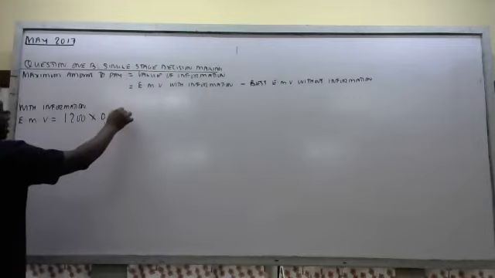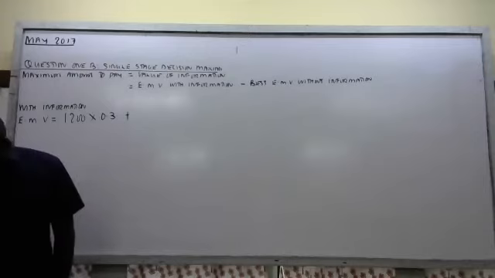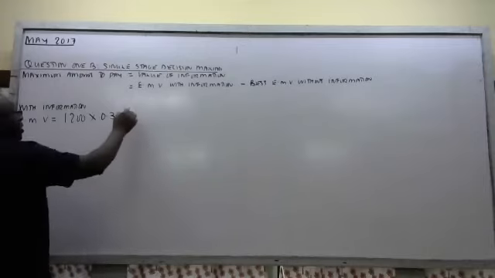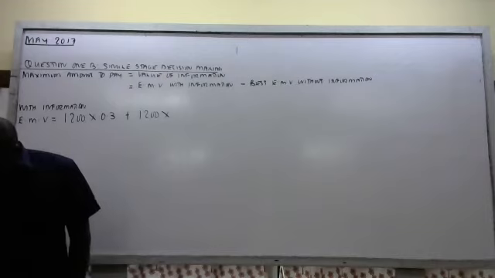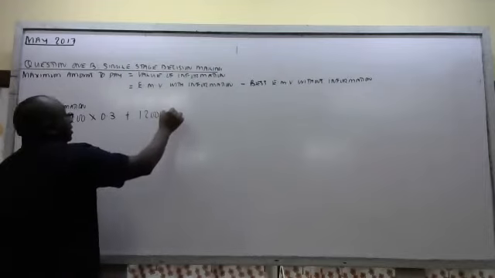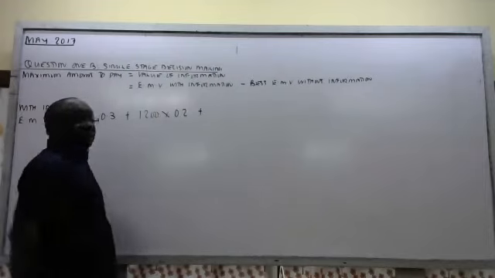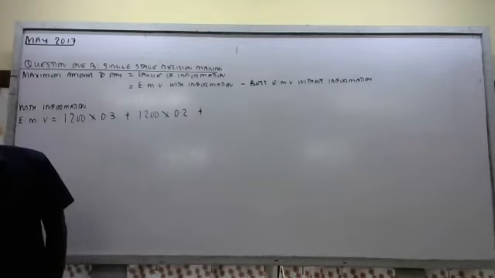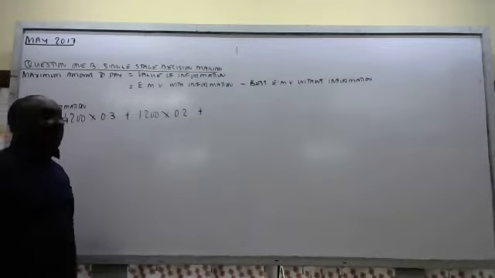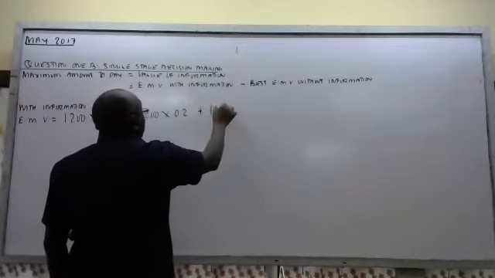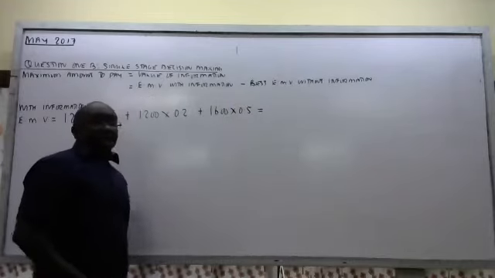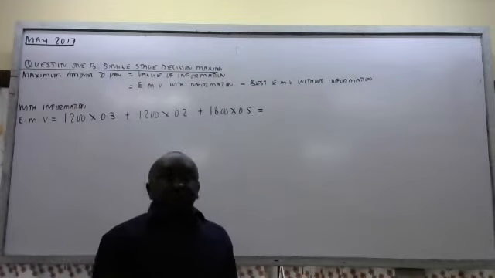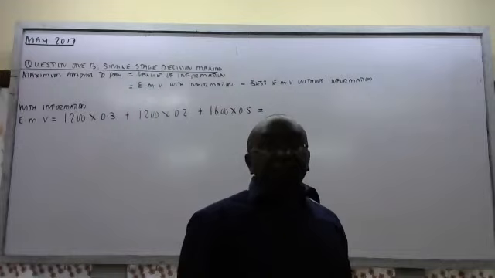Plus, if you follow normal reaction, the best is 1200, and the probability of a normal reaction is 20%. And then, if you follow weak, the best is 1600, and the probability is 0.5. So give me that figure.